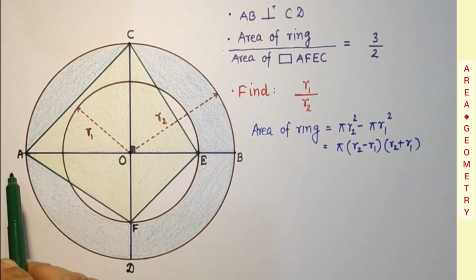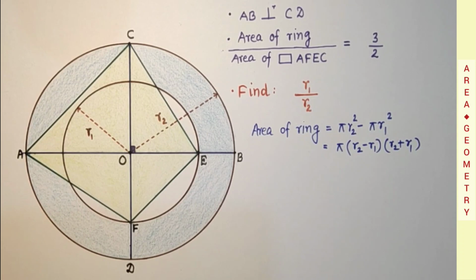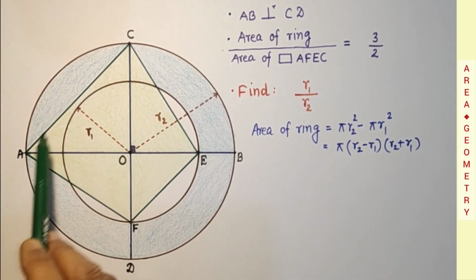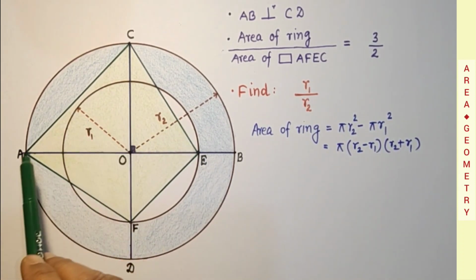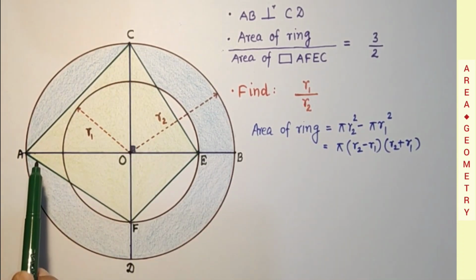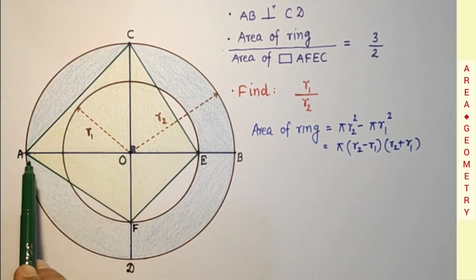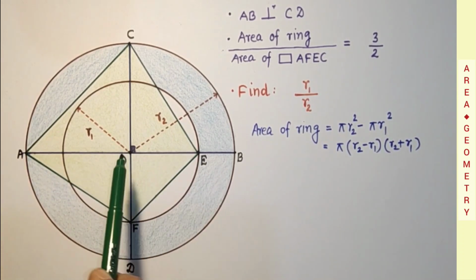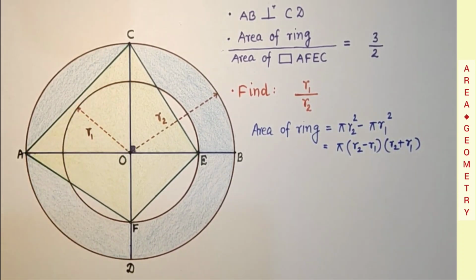Now to get the area of this quadrilateral, since the diagonals of the quadrilateral are mutually perpendicular, if we take this AE as the base, which is the common base for this triangle and for this triangle also. So for this triangle AEC, half into base into height, and the base is equal to OA plus OE, where OA is this R2 and OE is R1, and the height OC is the big radius, that is R2.